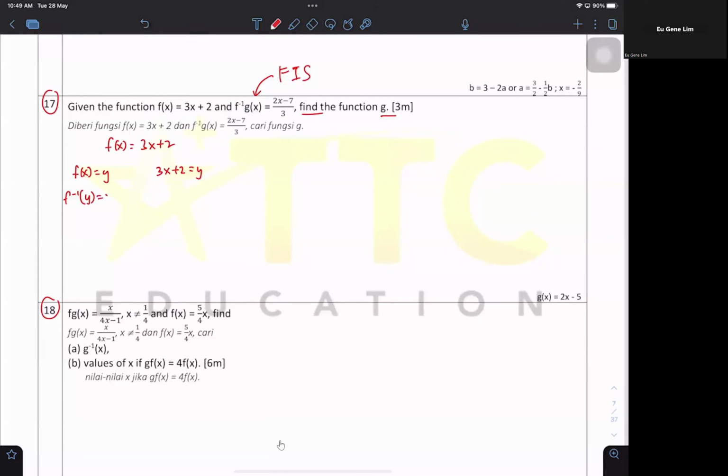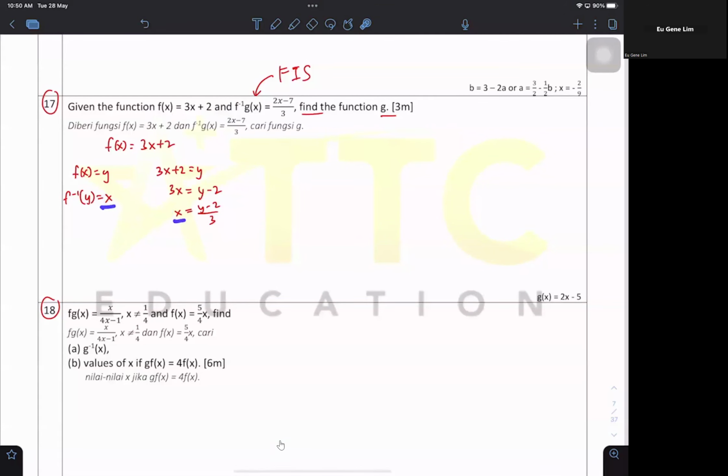So f inverse y equals x. Then the other side, you bring the number over. Plus 2 bring over minus 2. Times 3 bring over divide 3. So you found out the x. Very good.